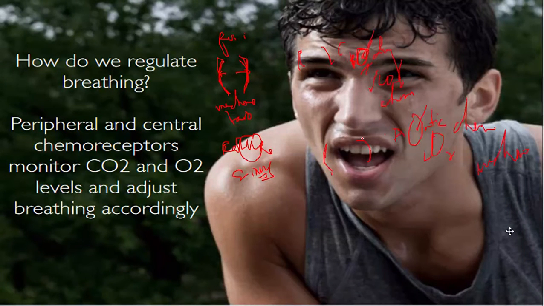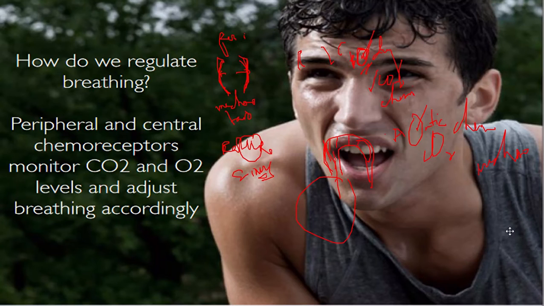Why? Because this is the aorta. Remember the aorta? This is the aortic arch, a large artery with high pressure, receiving blood from the heart. So it is very sensitive to mechanoreception, to baroreception, to pressure.